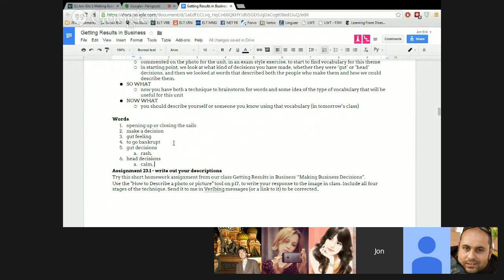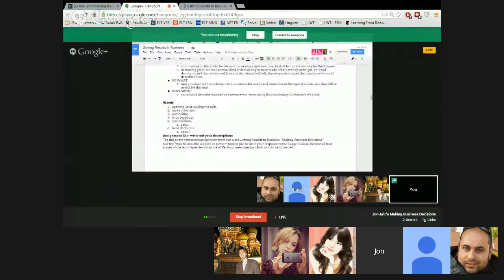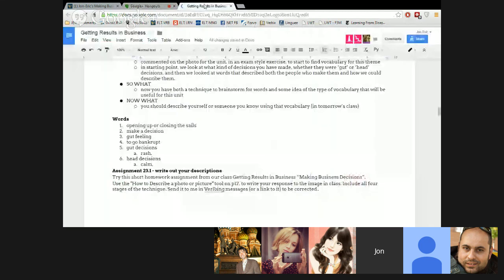And I said I'd like you to try to think of some other ways to describe each of those. We came up with 2. Rash tend to be gut decisions. Calm tend to be head decisions, ones that you think about. I'm curious if you thought of any other words or expressions for either of those categories.